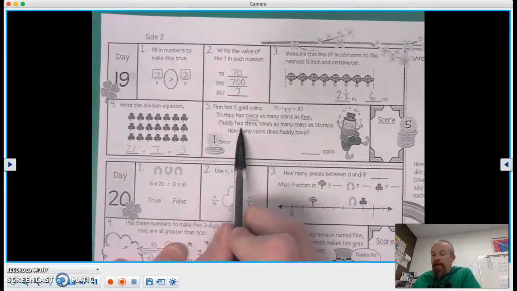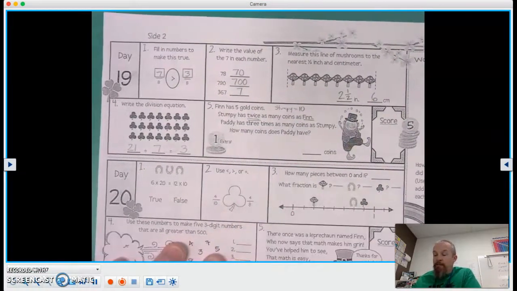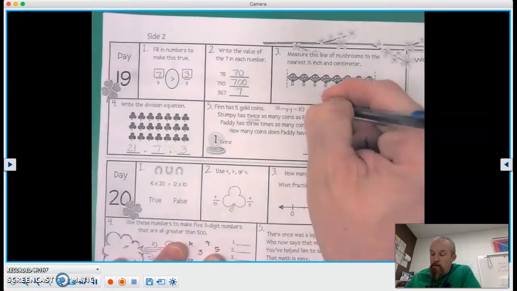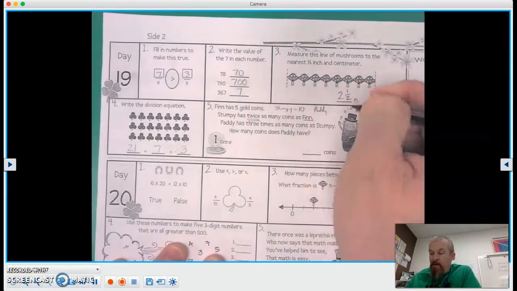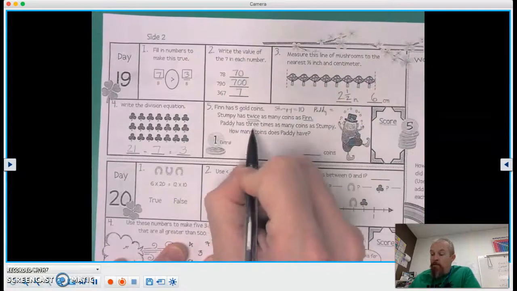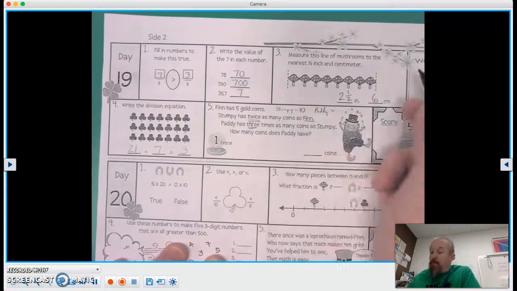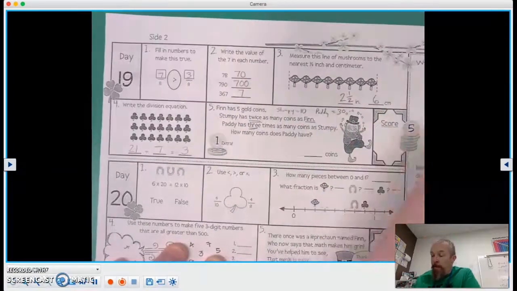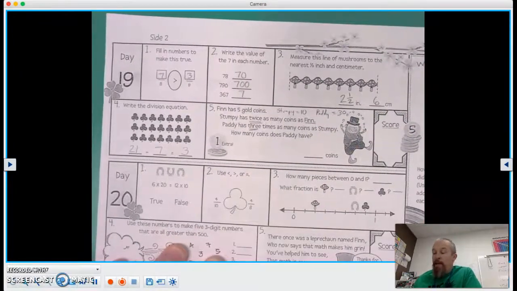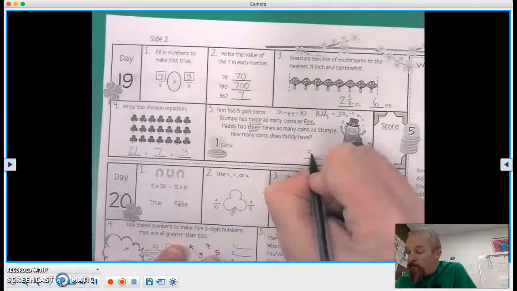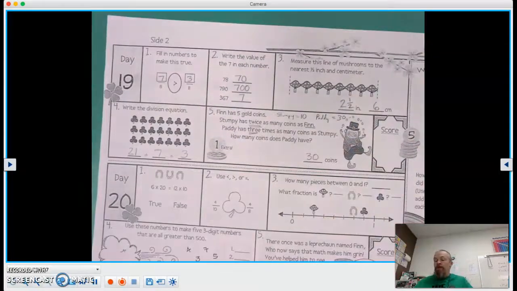Oh, Patty has 3 times as many coins as Stumpy. So 10, 20, 30. 10 times 3 is 30. So Patty would have 30. How many coins does Patty have? 30 coins. Ooh, yeah, that's a bonus one.